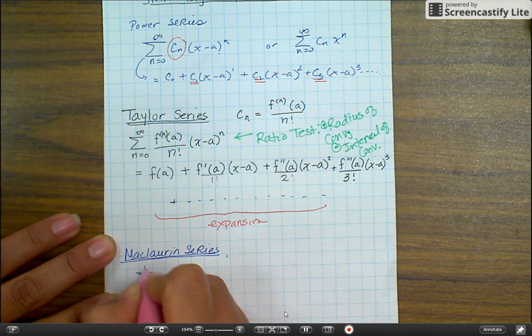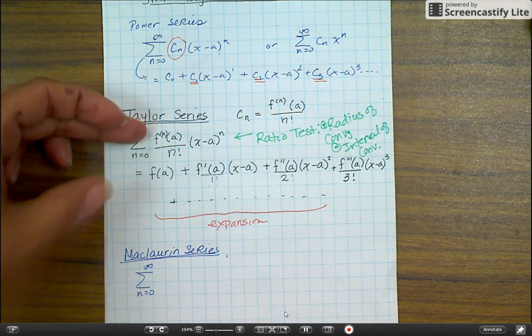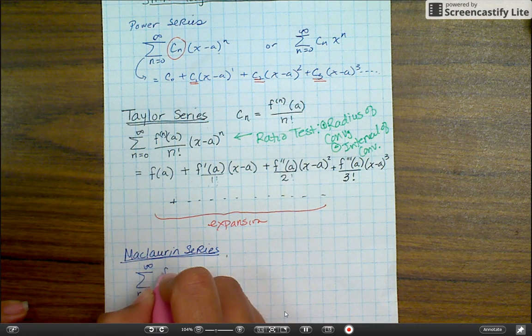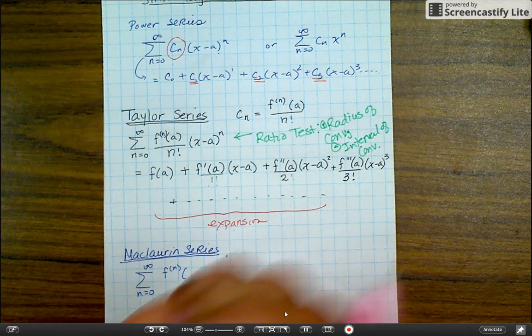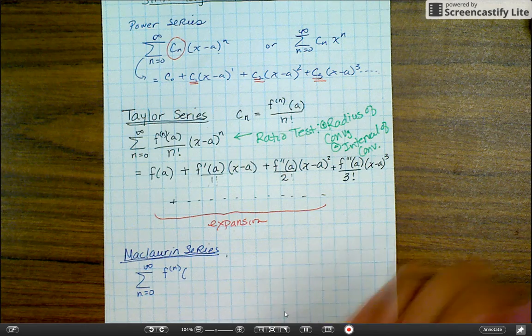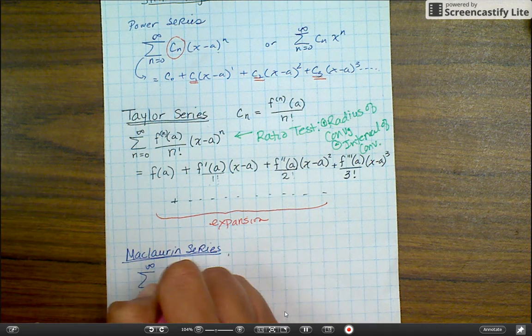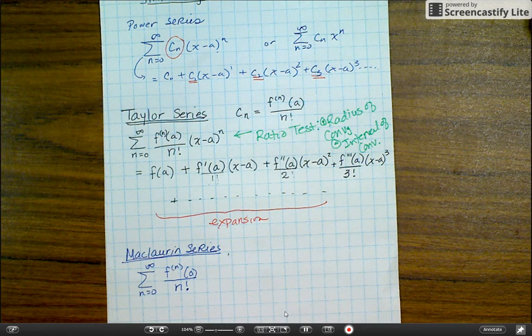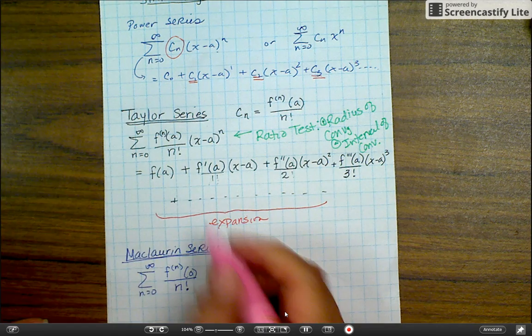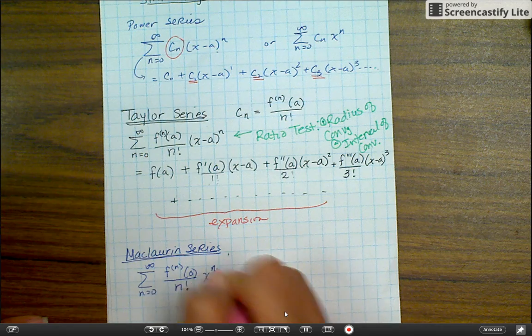It's the sum from n equal to 0 to infinity, with the same type of coefficient: the nth derivative evaluated, this time, at 0, over n factorial, times x to the n.